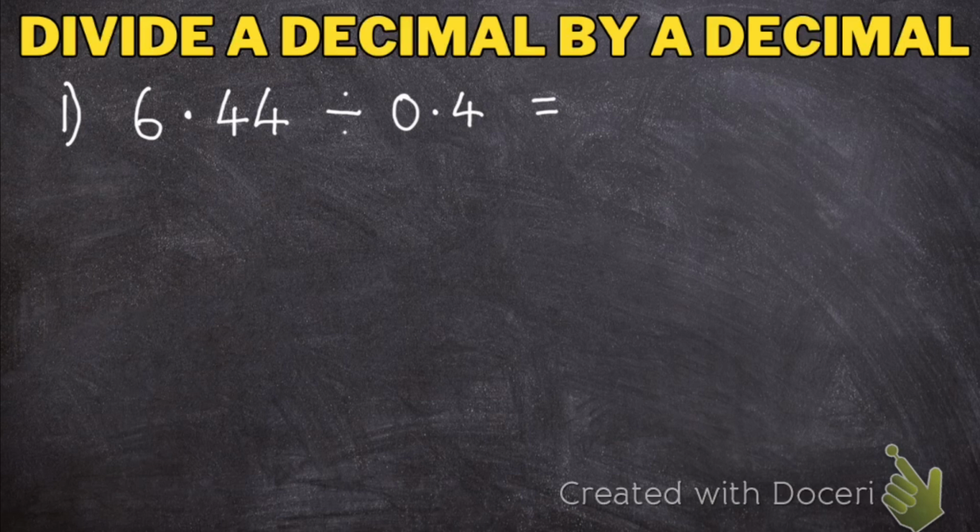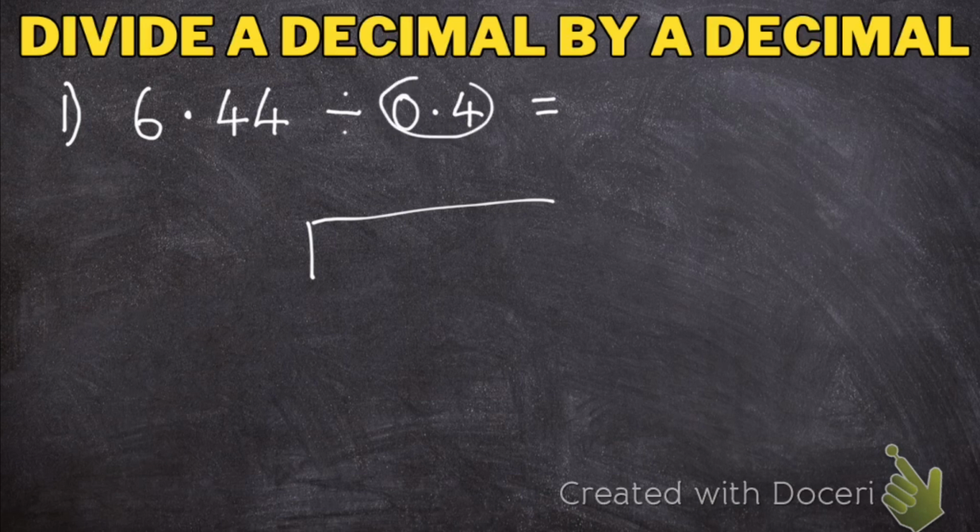So if we get started straight away with this question here, 6.44 divided by 0.4. Now what I am trying to do is make this as easy as possible to divide, and I can do that by taking the decimals out of play.